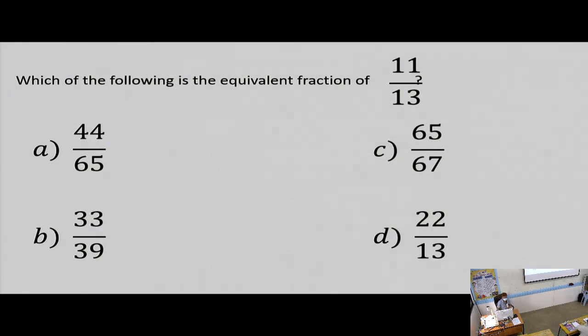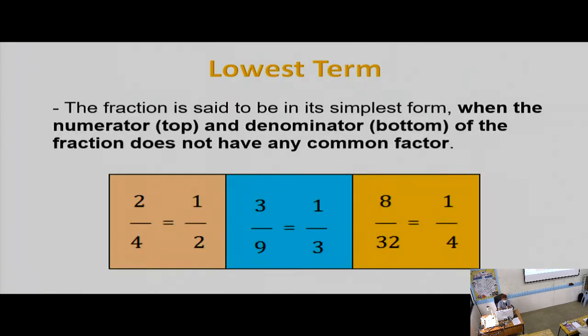The answer is letter B. This is 11 over 33 times 3 over 3, right? You understand equivalent fractions? Okay, next. Lowest term.